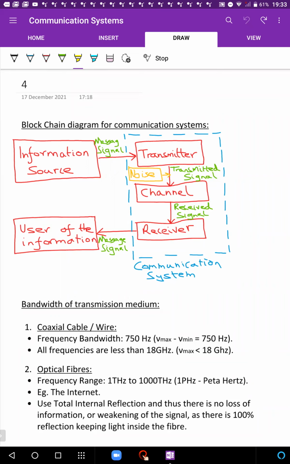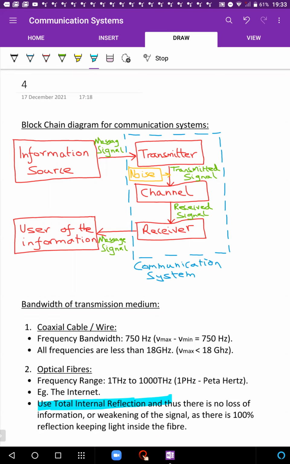The frequency of the voltage is of the order of 18 gigahertz. Optical fibers then. Optical fibers use light. If you remember the mechanism behind the optical fiber, it uses total internal reflection, right?